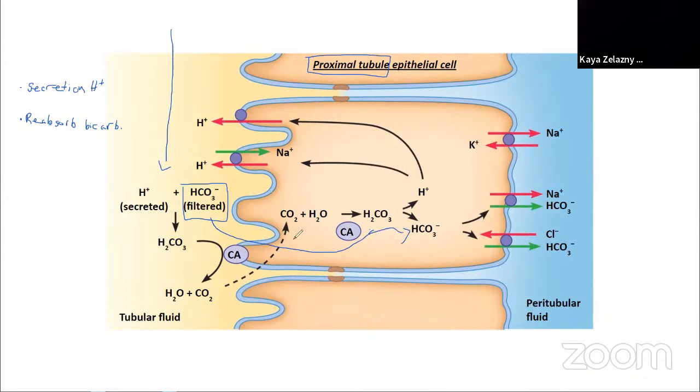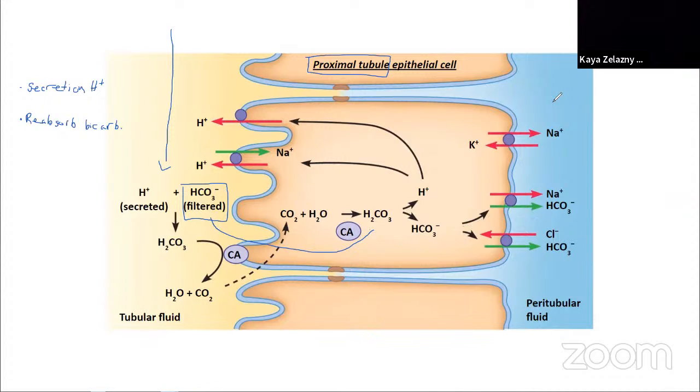We just had this stopover process where we had to turn it into carbon dioxide for a little to get it across the membrane. Okay. So once that bicarbonate is in the cell, we then pump it out across our basolateral membrane, and it gets into the plasma. So this is reabsorption of bicarbonate. It's that pathway.